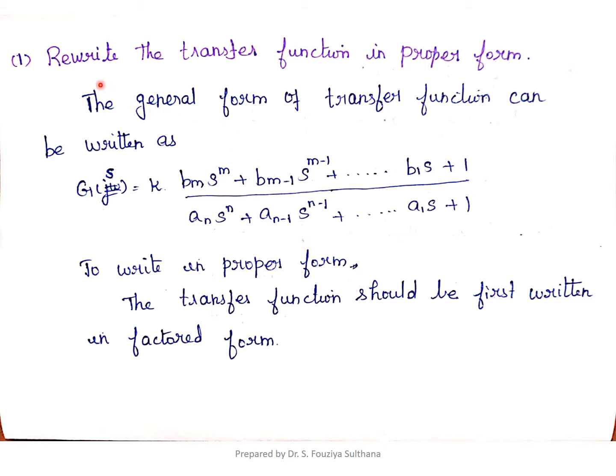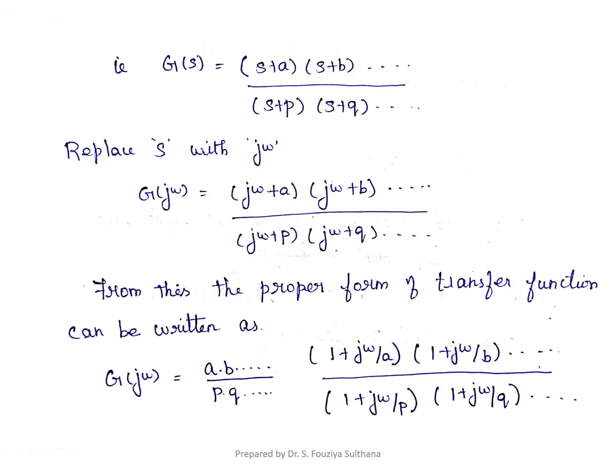The first step is to write the transfer function in proper form. This is the general form of the transfer function. To write it in proper form, it should be first written in the factorial form. This is the factorial form of the transfer function. Now replace s with jω.